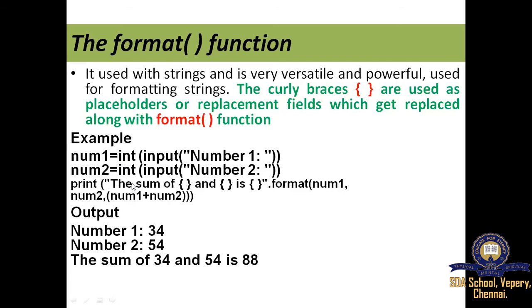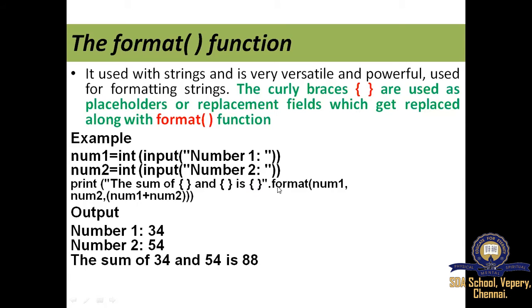Print the sum of: the first pair of curly braces will act as a placeholder for variable num1. The second pair of curly braces will act as a placeholder or replacement field for num2. The third pair of curly braces will act as a placeholder for the sum of num1 and num2.